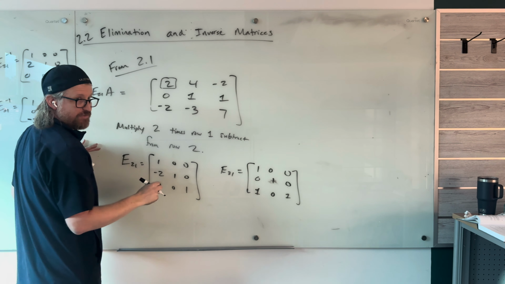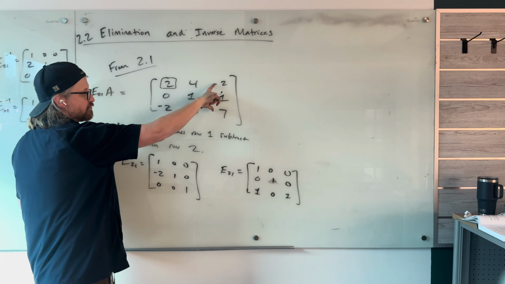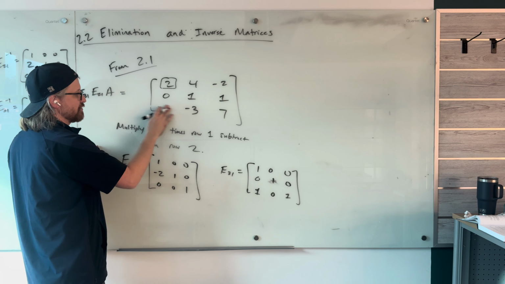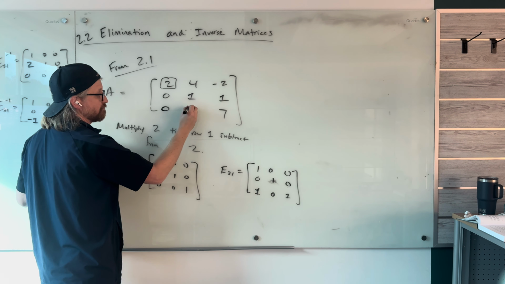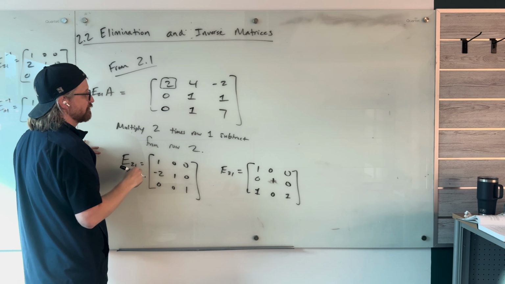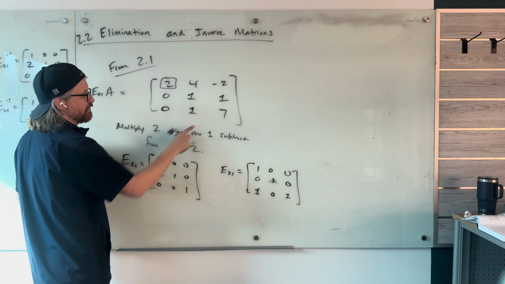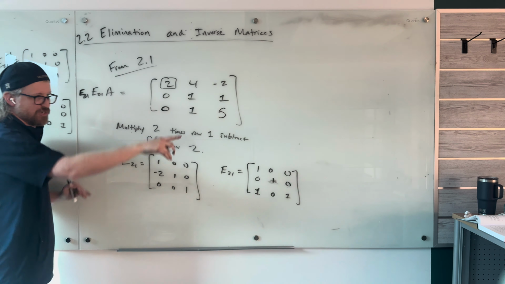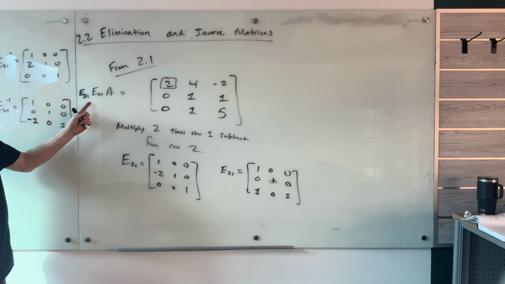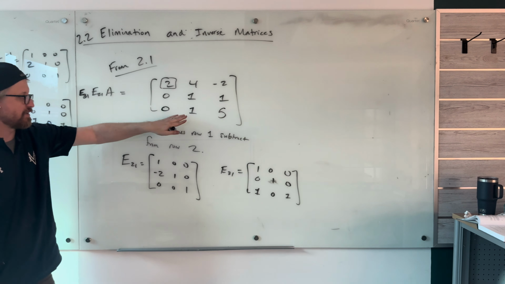Only the third row is affected by adding the entries together. So this would create a 0 here. 4 and negative 3 makes another 1, just thinking about the second row right there. And then 7 and negative 2 would make 5. So I'm just checking. And so E31 E21 times A gives me this matrix.